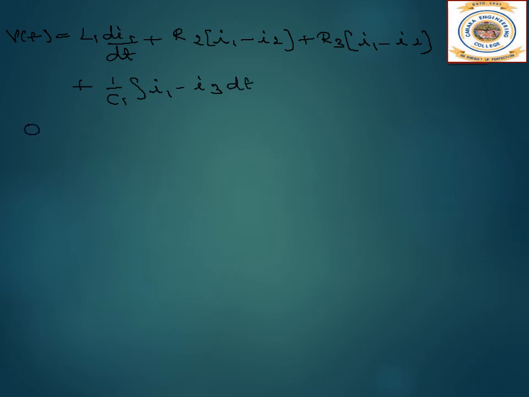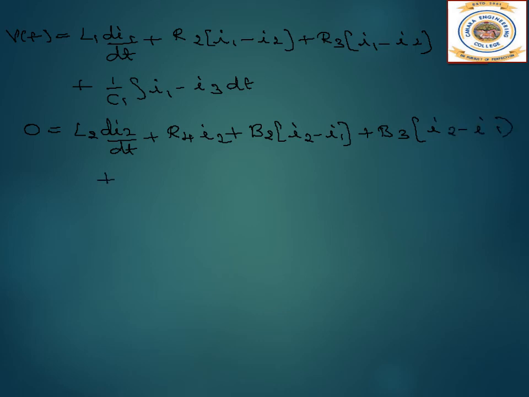Coming to equation 2, 0 equal to, we have M2, so that is L2 di2 by dt, plus we have B4, so that will become R4 into I2, plus B2 into (I2 minus I1) plus B3 into (I2 minus I1).